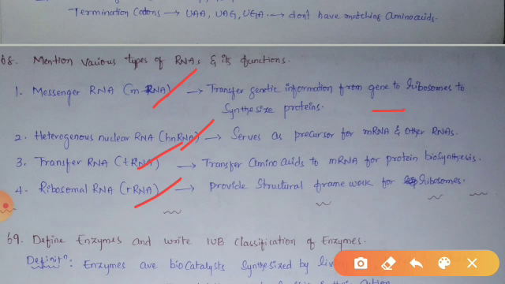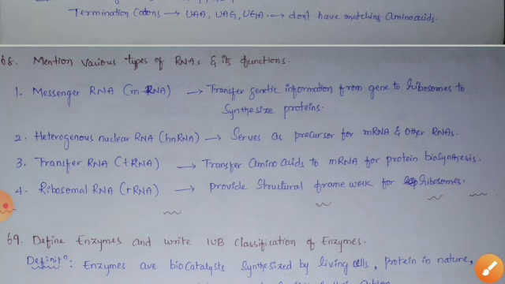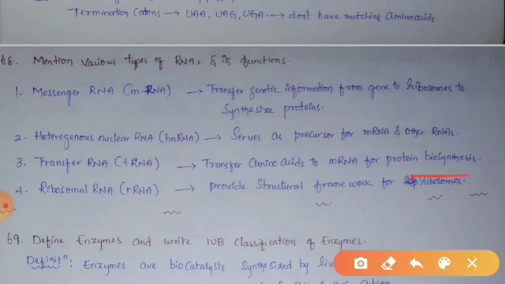It serves as precursor for mRNA and other RNAs. Next one is tRNA, also known as transfer RNA. It transfers amino acids to mRNA for protein biosynthesis. rRNA, also known as ribosomal RNA, provides a structural framework for ribosomes.